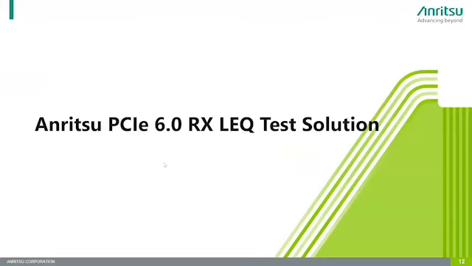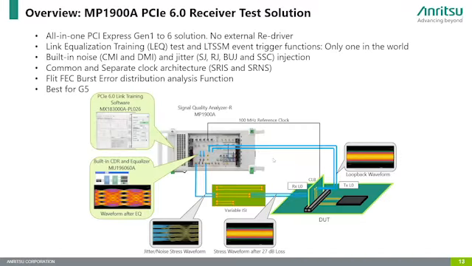Then let me talk about the receiver link training test solutions. This block diagram is a very typical compliance test. The pulse pattern generator of the BERT generates a pulse pattern, compliance pattern, modified compliance pattern, and it goes to the ISI, then to the CLB compliance load board, and the DUT is on this board.